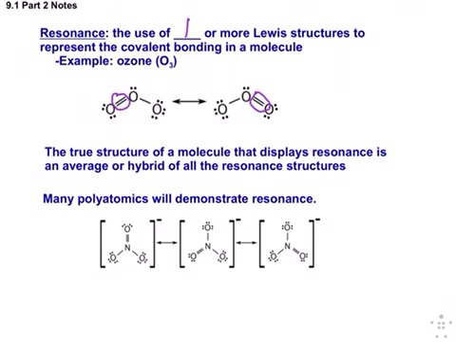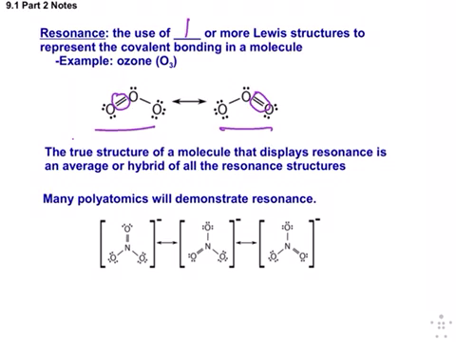There are no rules that tell you between which O's the double bond needs to be, because both of these structures are true diagrams. The true structure of the molecule that displays resonance is an average, or a hybrid, of these resonance structures.